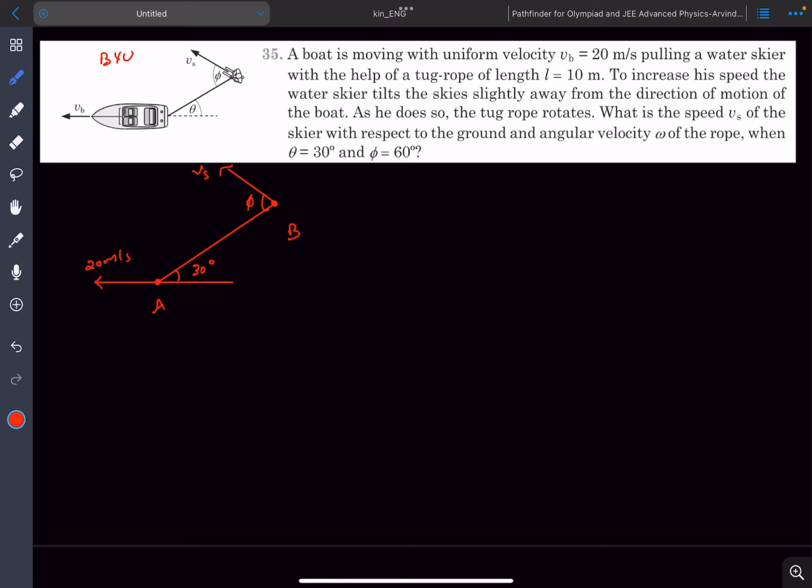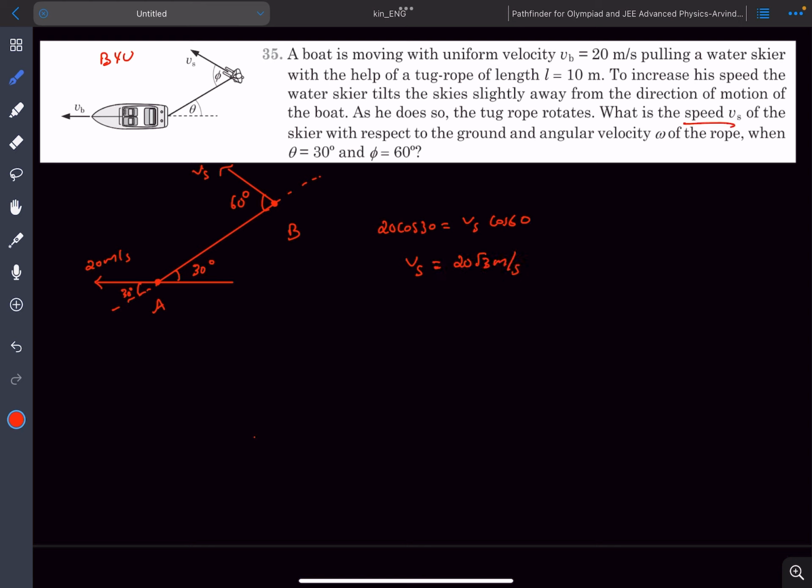As the length of the rope cannot change, since it is under tension, the components of velocities at the endpoints along the string have to be the same. So we can say 20 cos 30 equals Vs cos 60, as these are the components of the individual velocities along the rope. If you solve, the value of Vs comes out to be 20 root 3 meters per second.